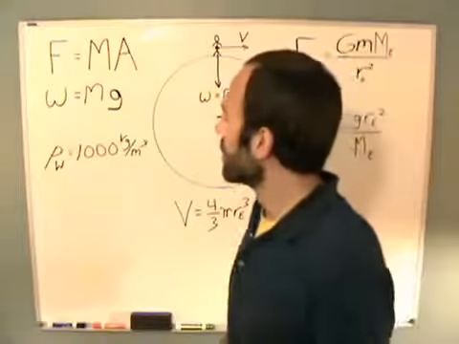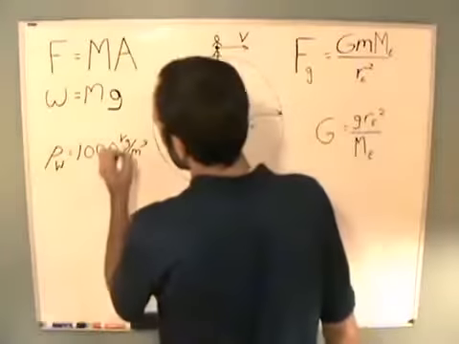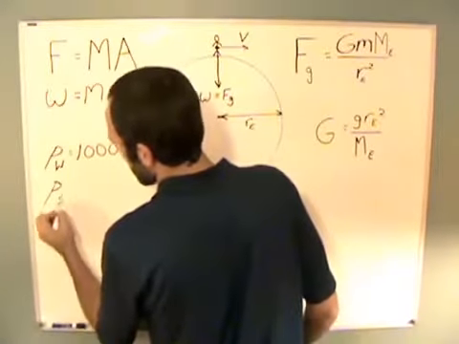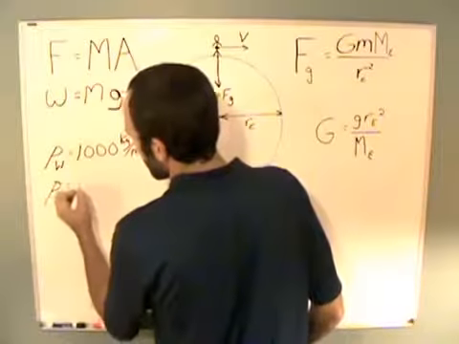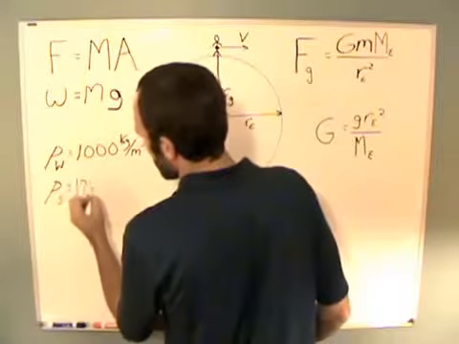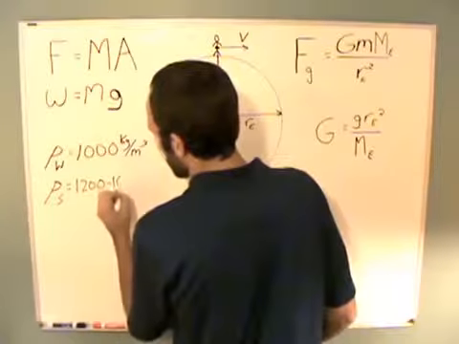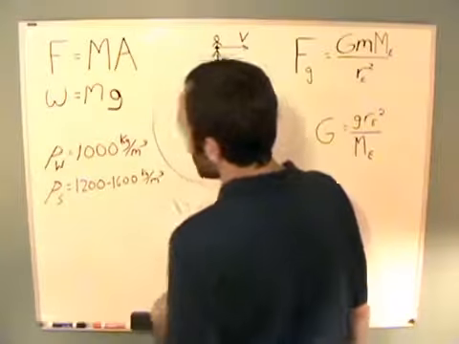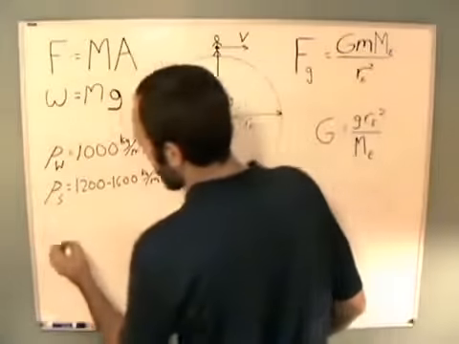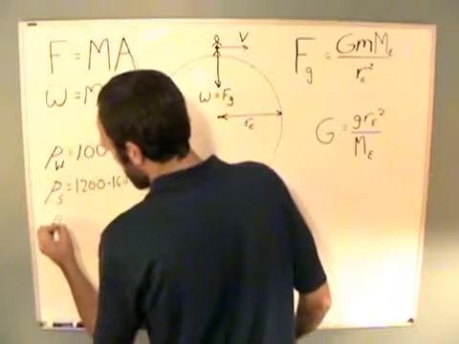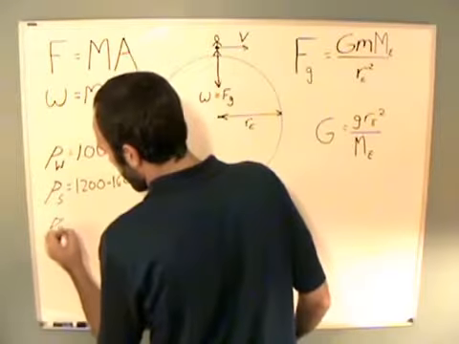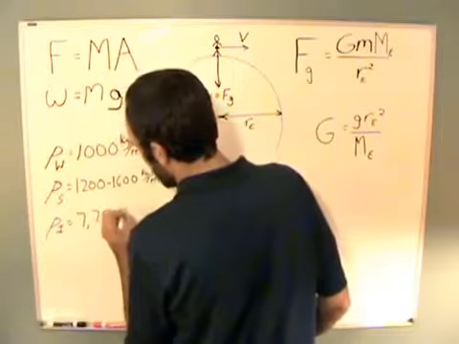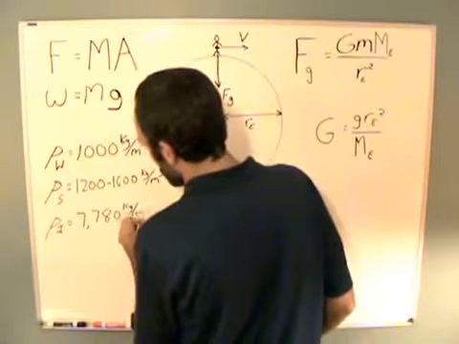Okay, so you definitely know the density of water back then. You definitely know the density of, let's say, sand and soils, which is roughly 1,200 to 1,600 kilograms per meter cubed. And they definitely knew the density of iron. And they were building things out of iron a long time before that. We'll call that rho I, and that is equal to 7,780 kilograms per meter cubed.